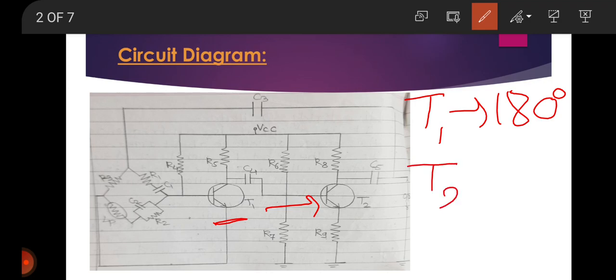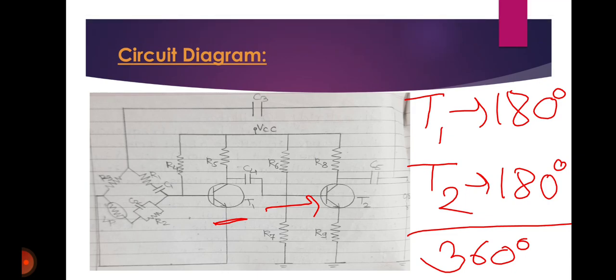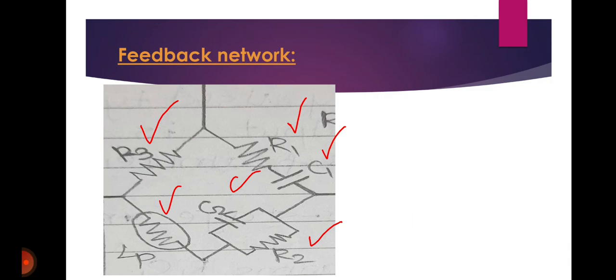So T2 further amplifies this signal and we get a further 180 degree phase shift. So total phase shift is 360 degrees. So our phase shift condition, that means positive feedback, is achieved. This is our feedback network.